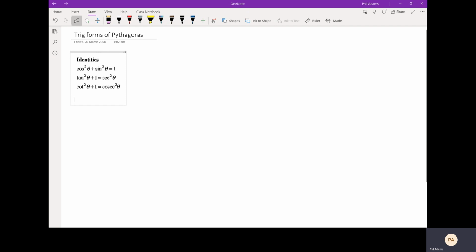So with this one here, you can see that if we take the original sine squared theta plus cosine squared theta equals 1, and divide the whole thing through by cos squared, what we end up getting is this.